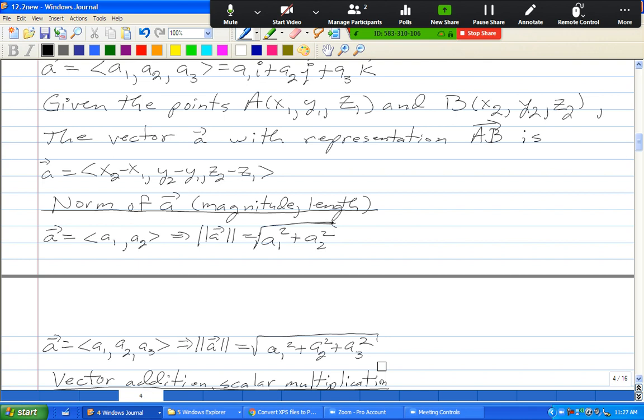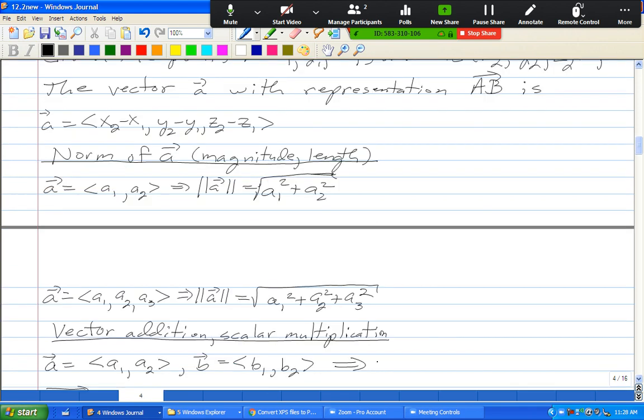So, let me look at what vector addition and scalar multiplication look like for vectors in R2. Suppose that the vector a is the vector a1 comma a2 and the vector b is the vector b1 comma b2.